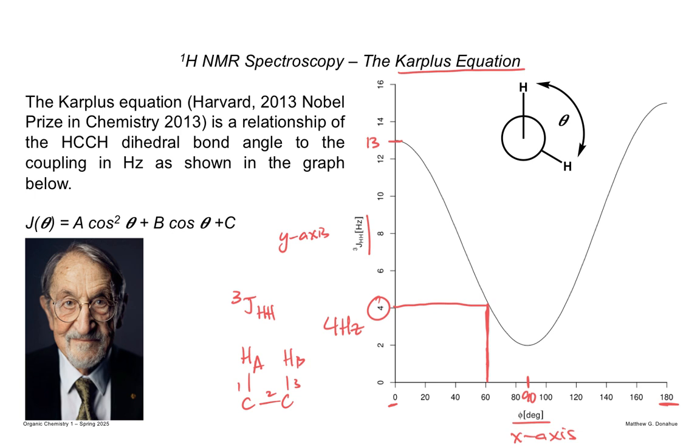Then as the angle increases again to 180, it goes back up to about 15 hertz. So let's try to understand that. If we're just looking at now the red and the blue, this right here, what is the dihedral angle between them?